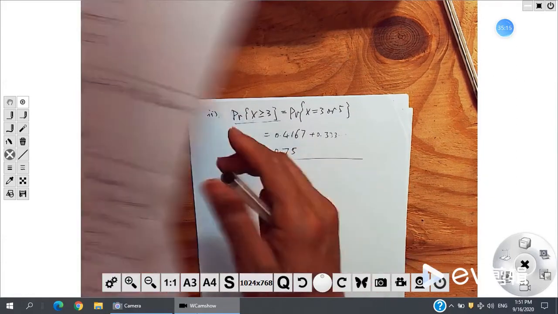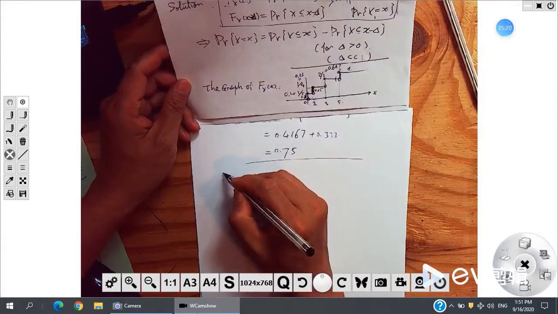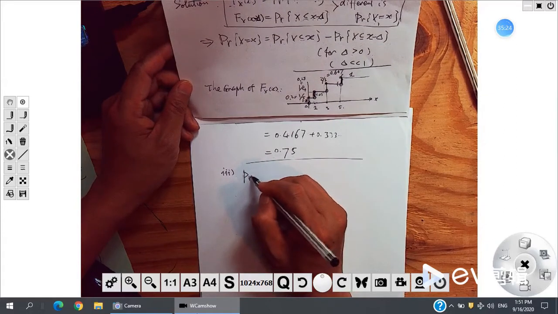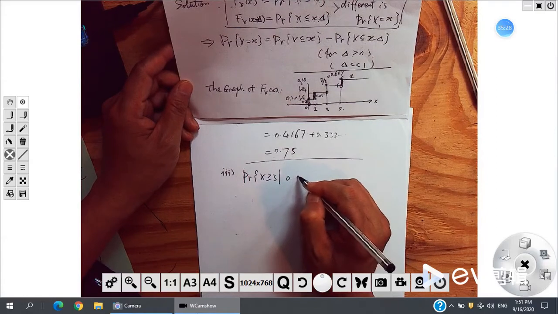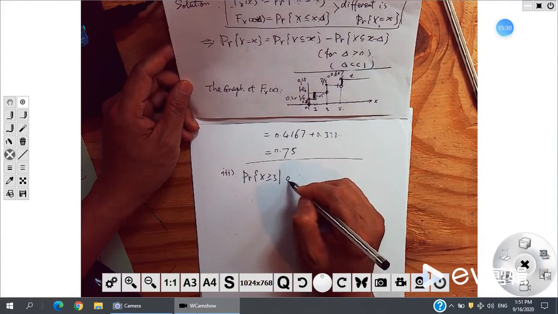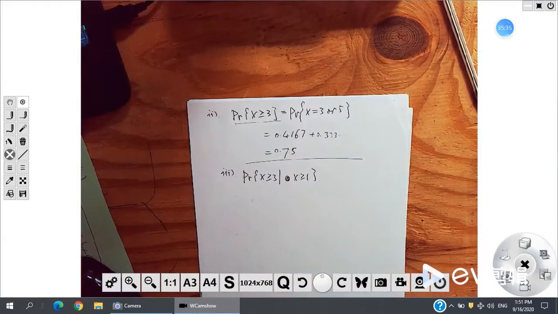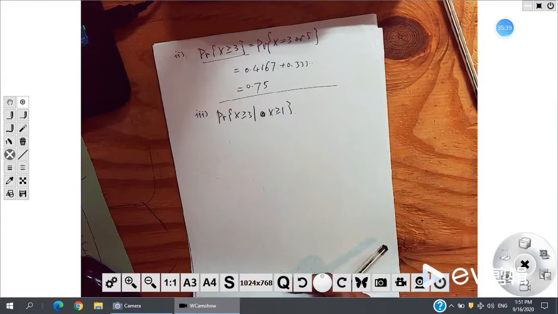Then we have the last question. We want to find the probability of x larger than 3 under the condition x is larger than 1. Remember the conditional probability?